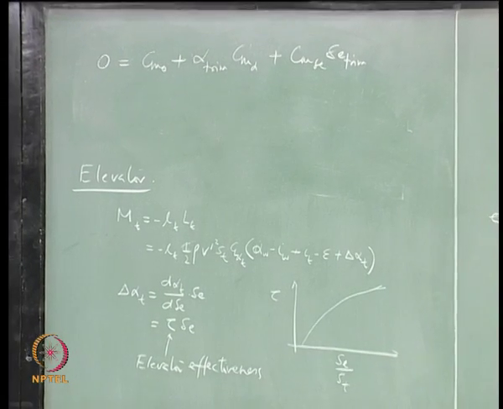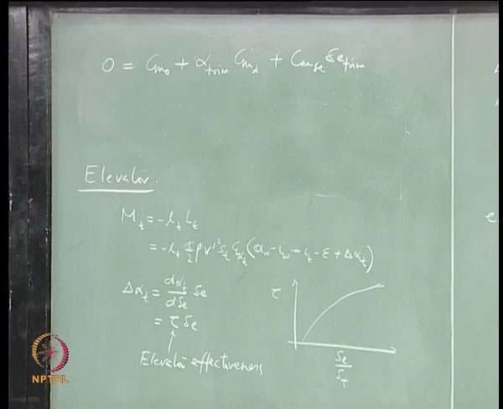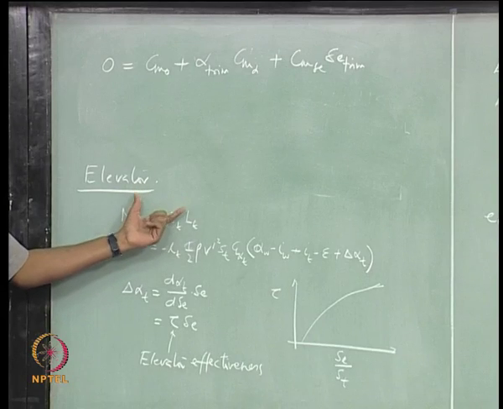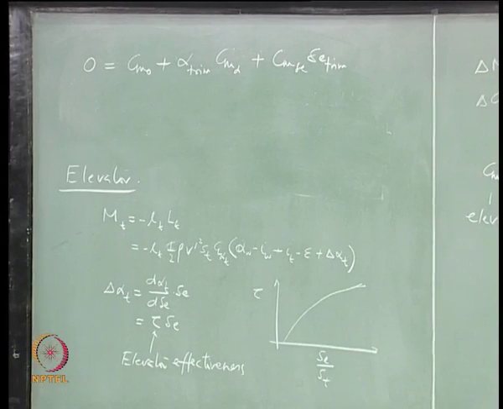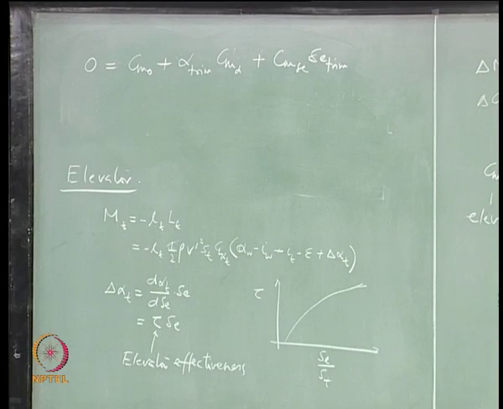So, this is where there is an advantage of using this elevator. Many airplanes where you do not see a tail, there are airplanes where actually they change the CG to change the trim.